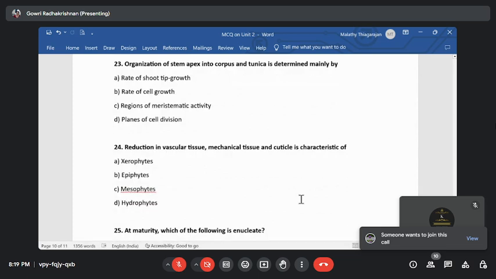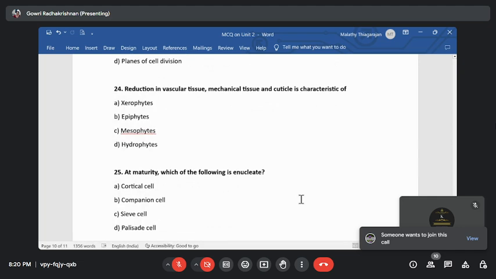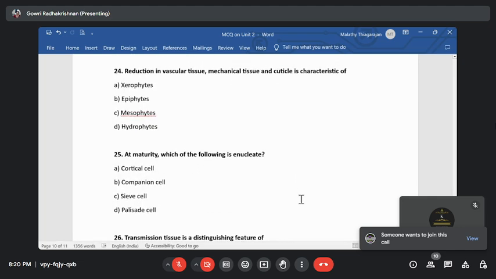Organization of stem apex into corpus and tunica is determined mainly by? Option D, ma'am. Planes of cell division. Yes. Alright, 24. Reduction in vascular tissue, mechanical tissue, and cuticle is characteristic of?